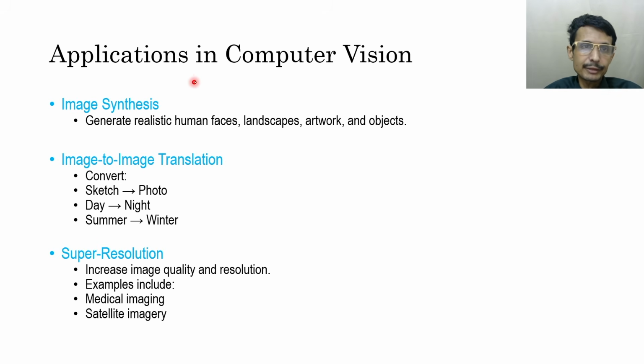So what are the different applications in computer vision? As we see, these models are used for image synthesis: generating realistic human faces, landscapes, artwork, and objects. Image-to-image translation, like sketch to photo, day to night, and domain adaptation. Super-resolution increases image quality and resolution, for medical imaging, satellite imaging, and so on.